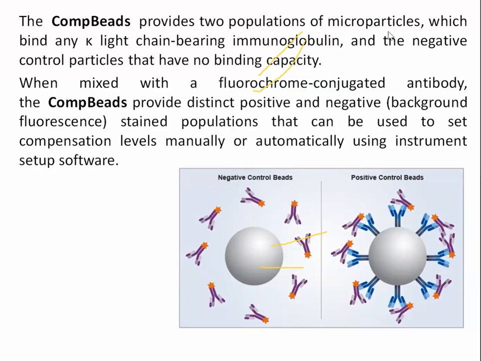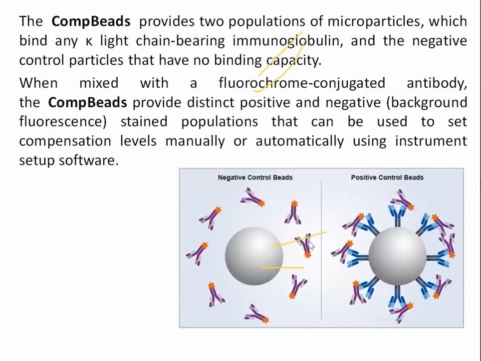So it provides two populations of microparticles, one of which binds any kappa light chain bearing immunoglobulin, that is, antibodies. The negative control particles have no binding capacity. So the negative beads will have nothing on the surface, whereas the positive beads will have anti-kappa molecules which will bind to the kappa light chains of the antibodies you are using.